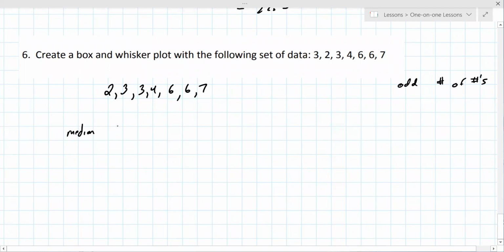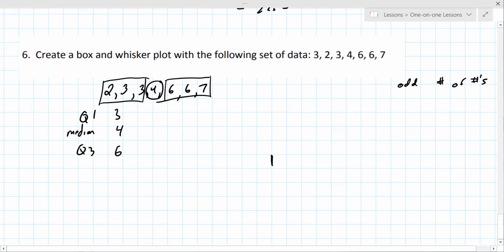Yeah, the median is 4 in this case. So that divides the data set into two other odd-numbered sets, which is nice. What is the median of the first set? 3. And the median of the other? 6. Okay, so not too difficult so far.